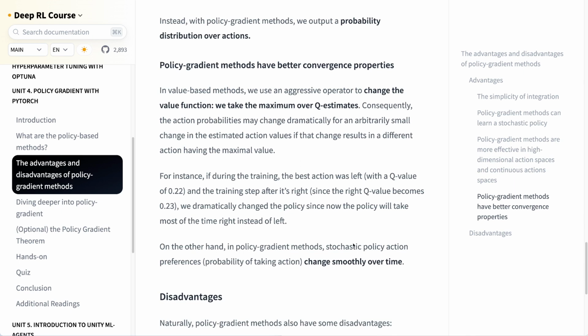Policy gradient methods have better convergence properties. In value-based methods, we use an aggressive operator to change the value function: we take the maximum over Q estimates. Consequently, the action probabilities may change dramatically for an arbitrarily small change in the estimated action values if that change results in a different action having the maximum value.